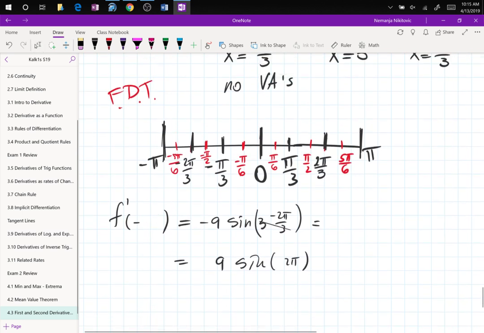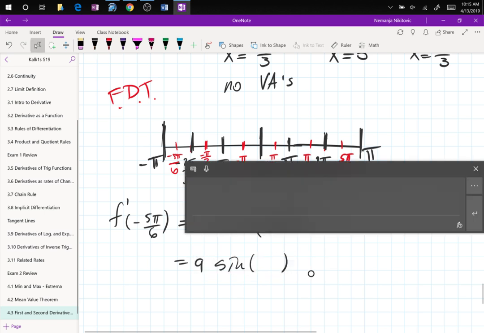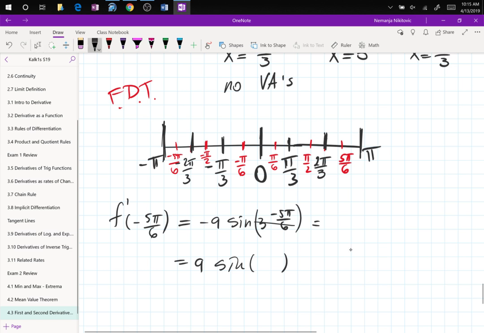Okay, let's see. So now if I have negative 5 pi over 6 over here, the minus and minus cancel. So it becomes 9 sine of 5 pi over 2.